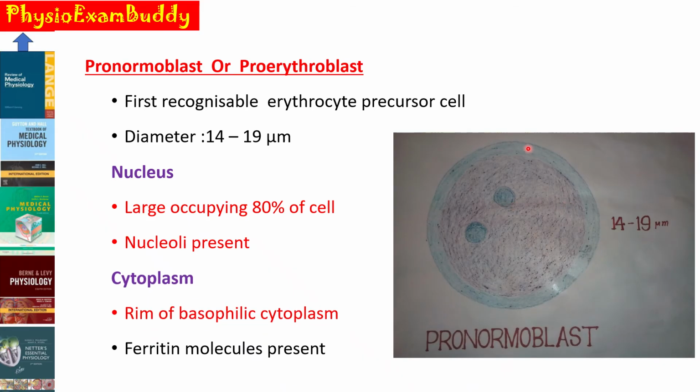The cytoplasm is a rim of basophilic cytoplasm, which again you have to color using a light blue color pencil. Another important feature of the pronormoblast or proerythroblast is that ferritin molecules are present inside it.